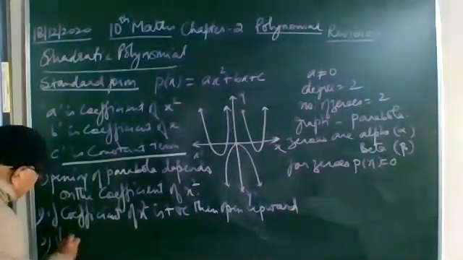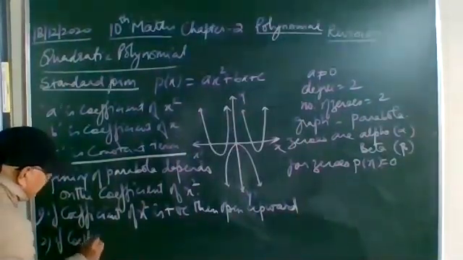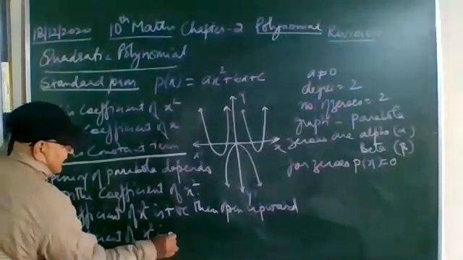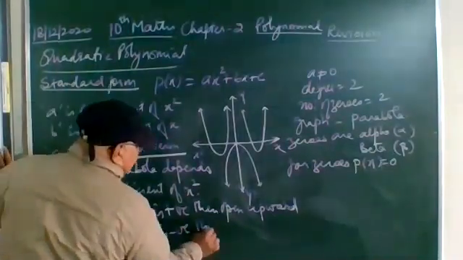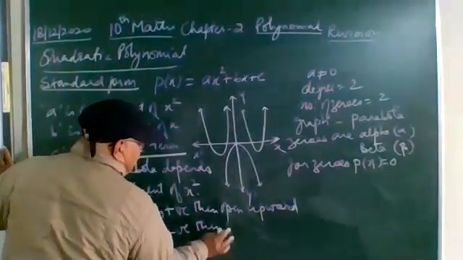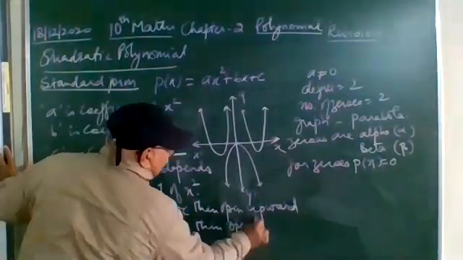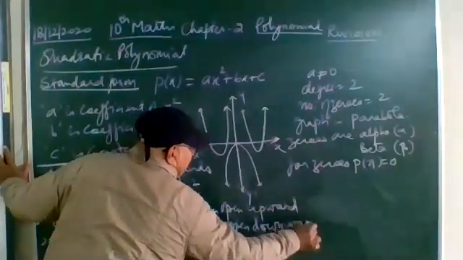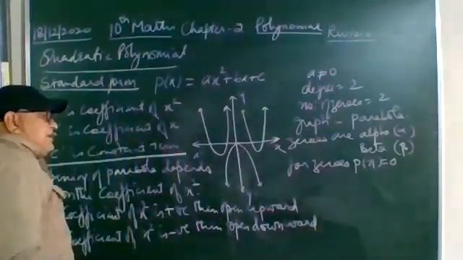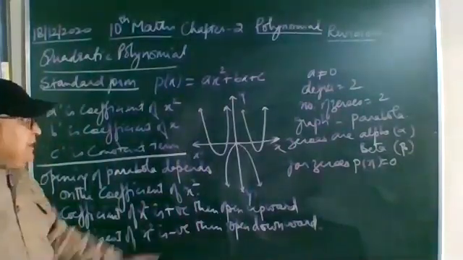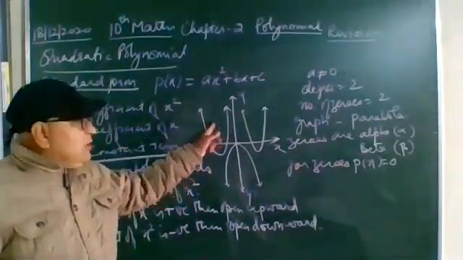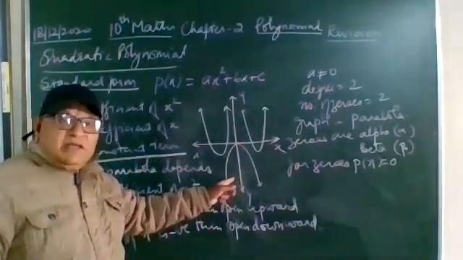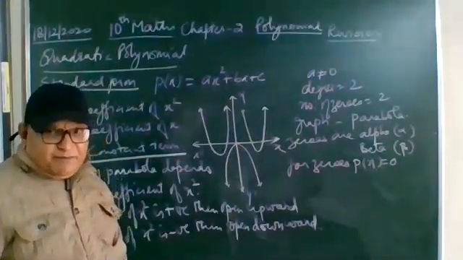Second, if the coefficient of x square is negative, then it opens downward. That is very interesting: by the opening of the parabola you can tell the coefficient of x square. Here the coefficient of x square is positive, here it is positive, but here the coefficient of x square is negative.